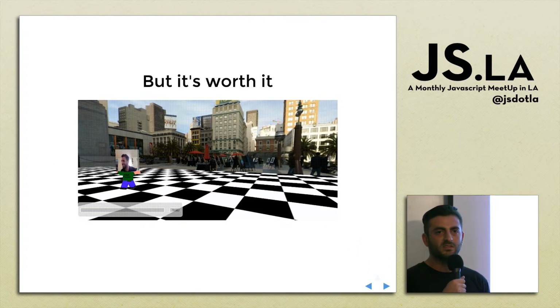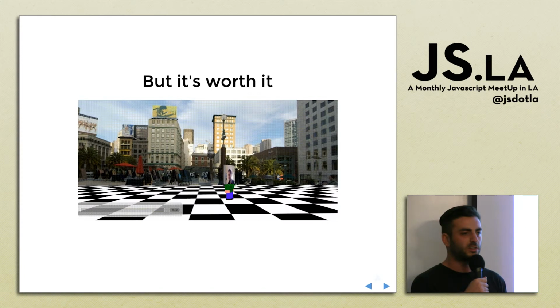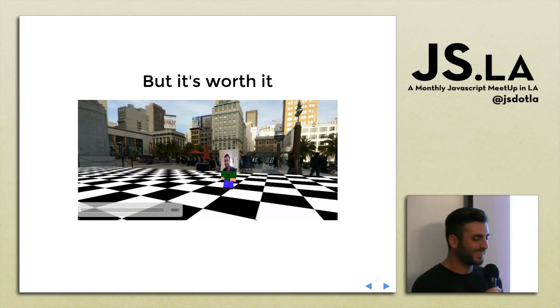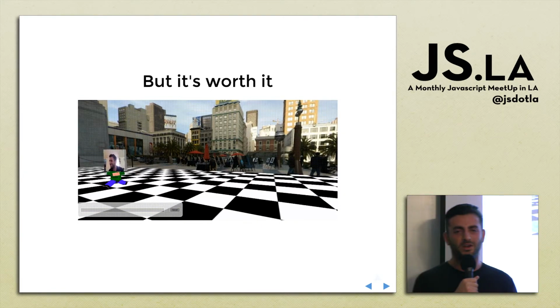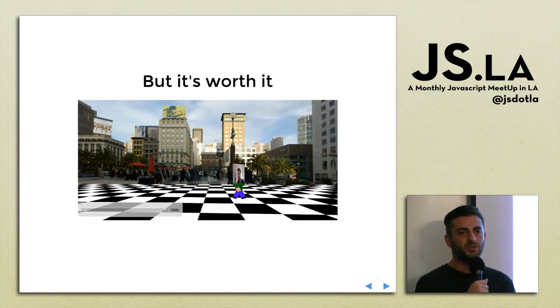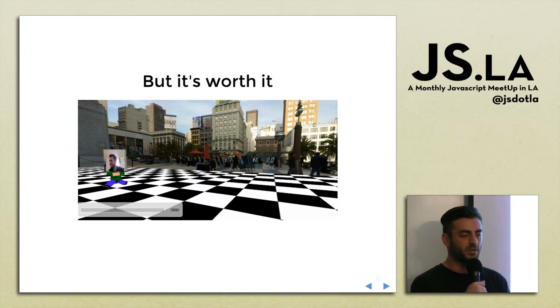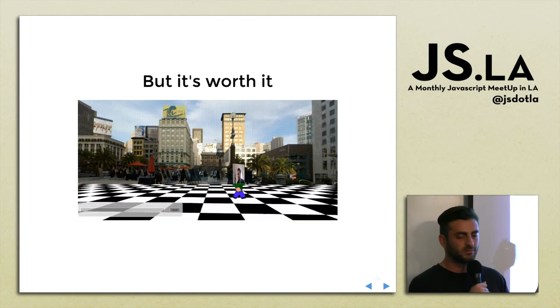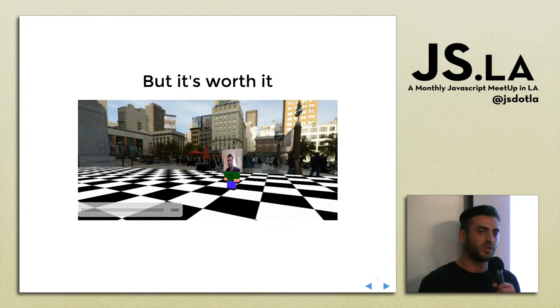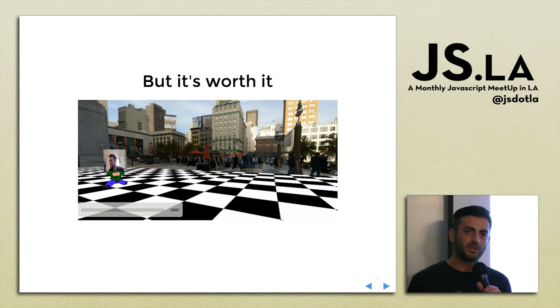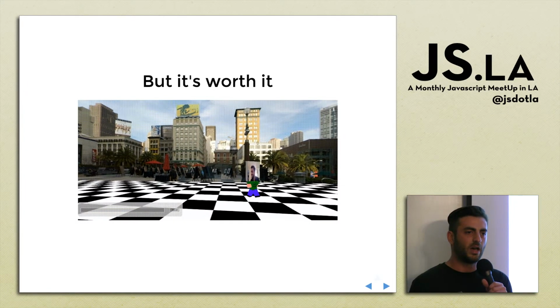And it does take a lot of work to set up the signaling server, the TURN and STUN, and then also the browser APIs are not that great to work with, but it ends up being worth it. WebRTC gives you reliable connections.